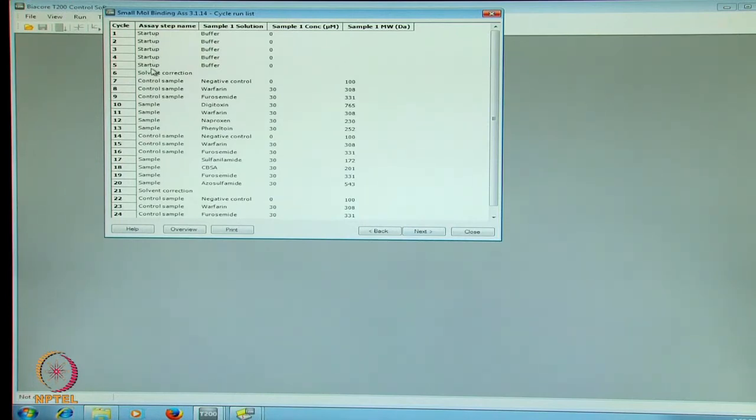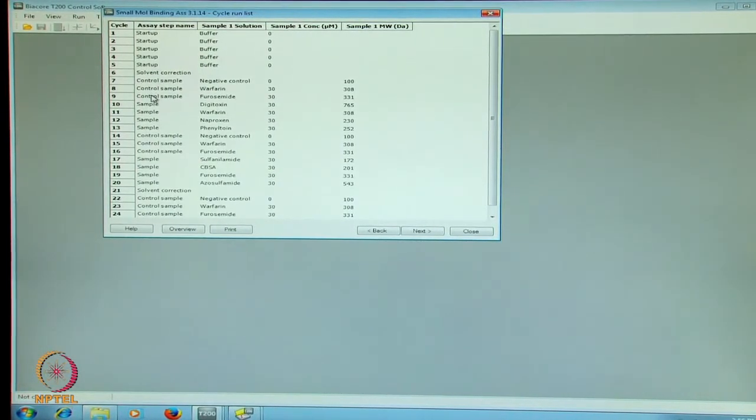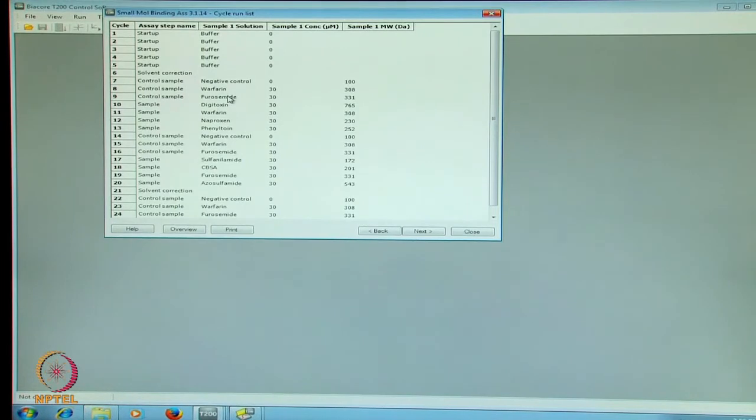We have 5 startups, 1 set of solvent correction of 8 runs injected here, 3 sets of control samples which include negative and positive control, samples like digitoxin, warfarin, naproxen, phenytoin and a negative control were injected again, and successively solvent correction at every 10 cycles or 20 cycles depending upon how you set up the experiment.